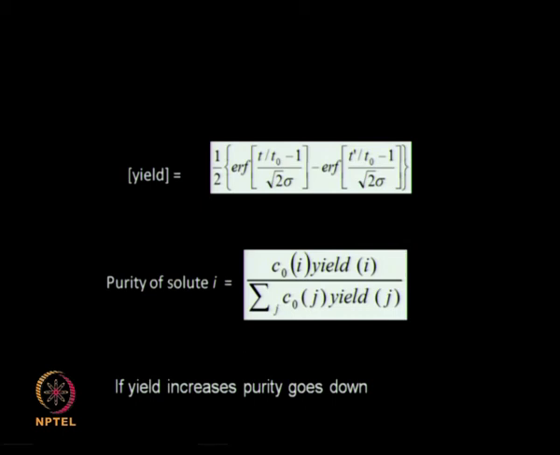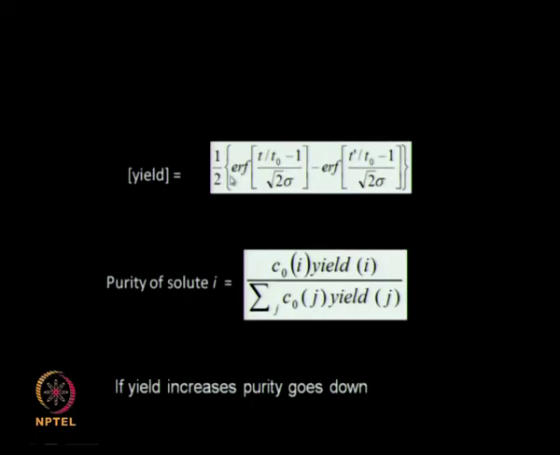So we have used a lot of equations, very simple equations. The most important point is looking at the purities, looking at the yields, and we also introduced a new terminology called error function x, where error function is an integral which has certain limits, and this error function x varies between 0 to 1, afterwards there is no increase.